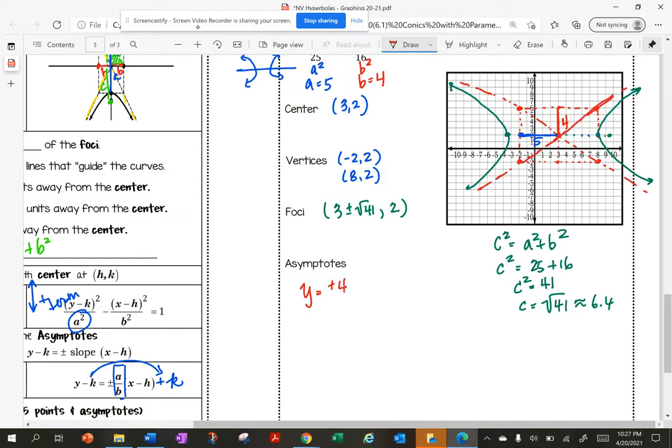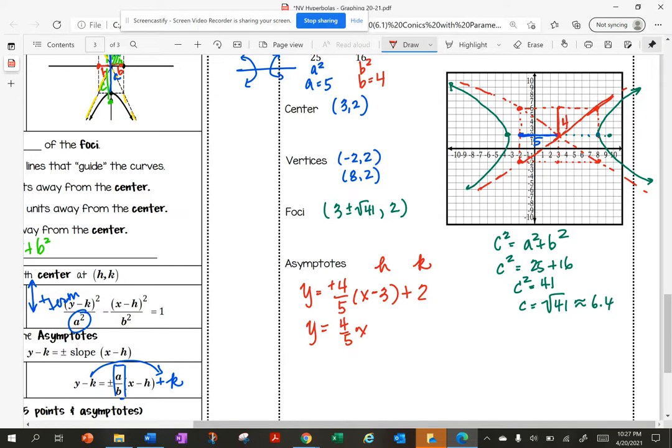Positive 4, rise over run, 4 over 5. And then x minus h is 3, plus k is 2. So here's h and here is k. Okay, I'm going to distribute first. So this is going to be y equals 4/5 x.